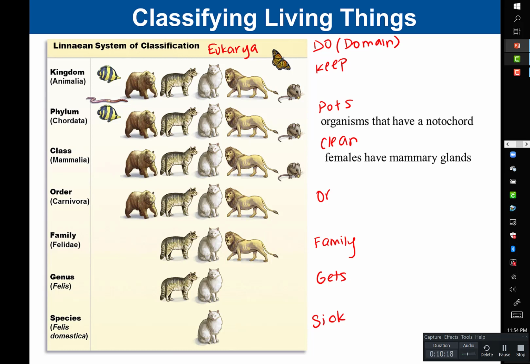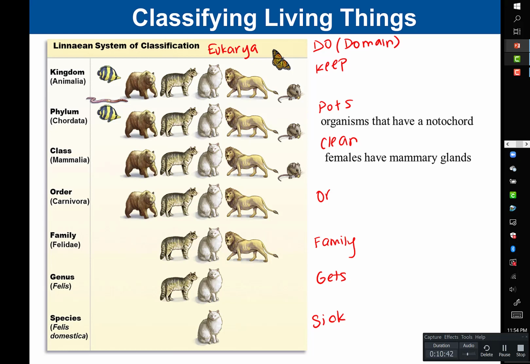So if you look, we have our worm, we have our fish, we have our bear, we have cats, we have lions, we have butterflies, we have mice, right? These are all types of animals. So now we've excluded the plants, we've excluded the fungi, we've excluded the protists. So we're starting to get more specific in our classification.